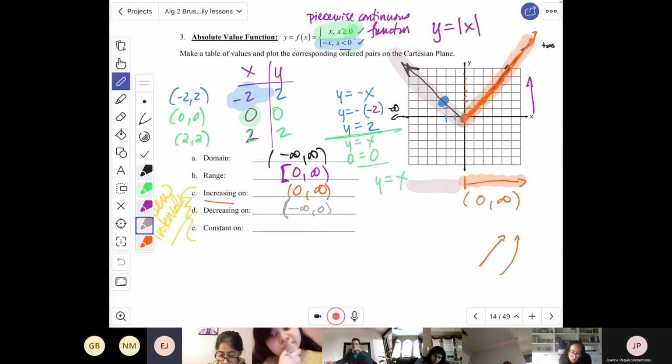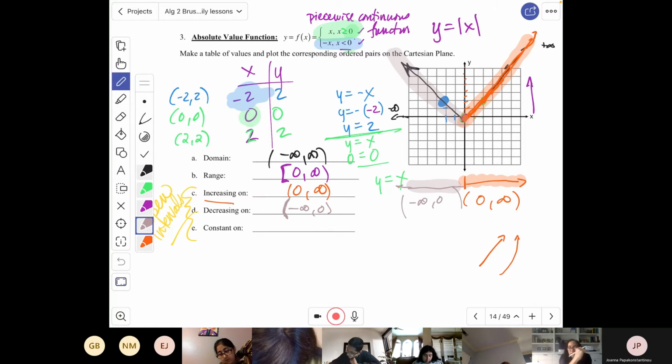And again, it's defined on an open interval. So from negative infinity, forever and ever, all the way up to 0. So it's over this interval here that the function is decreasing. Is it ever constant? Is it ever a horizontal line? No. So never.